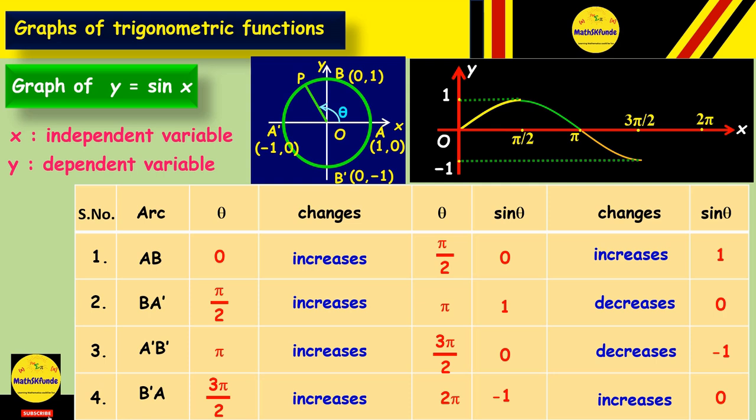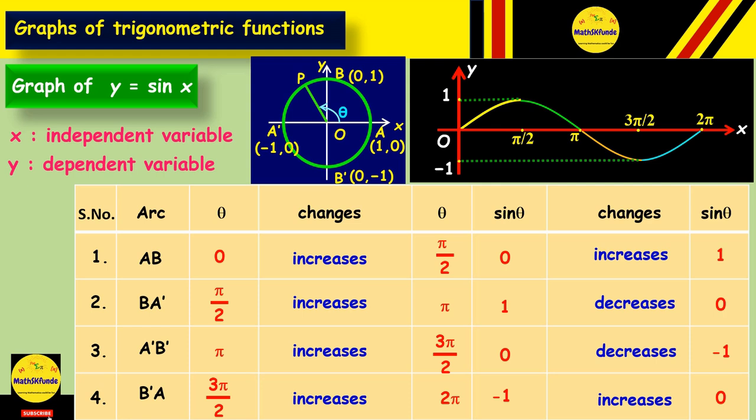Now when you move on B dash A, theta changes from 3 pi by 2 to 2 pi, and your y coordinate on the unit circle increases from -1 to 0, meaning sine theta increases from -1 to 0. That is to be shown here on the graph like this: the vertical values increase from -1 to 0, and when the angle reaches 2 pi, you are at the horizontal axis.